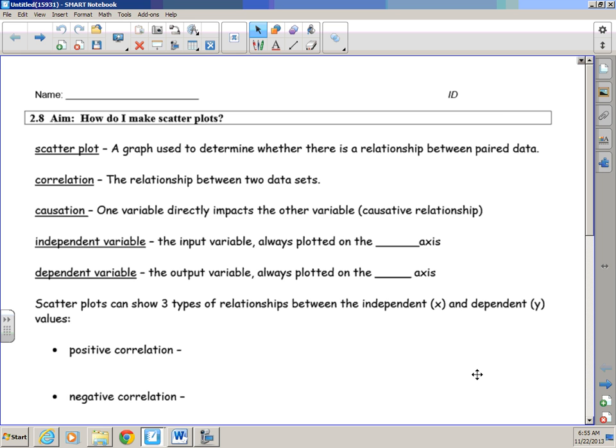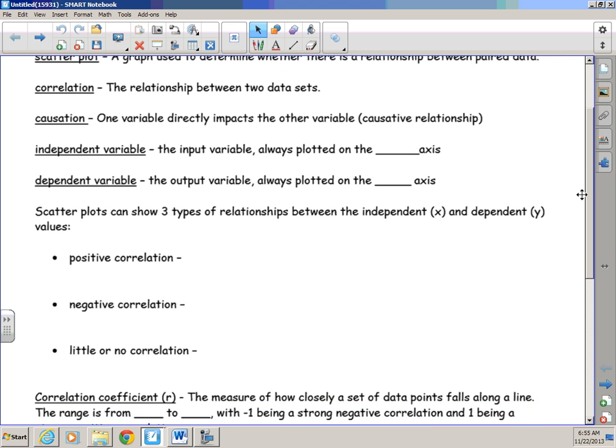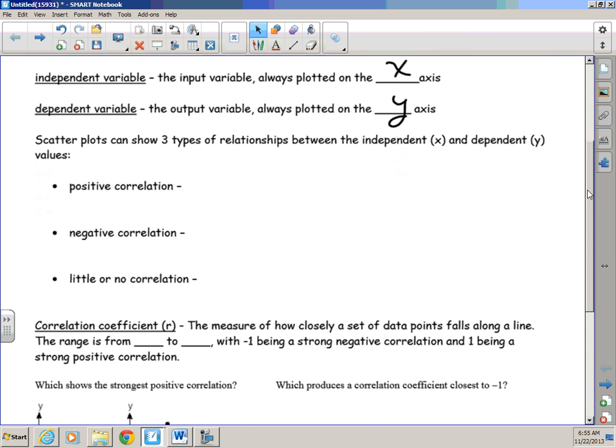Two recalls: the independent variable is the input, always plotted on the x-axis. The dependent variable, the output, always plotted on the y-axis. Now, when you do your scatter plot, you have three possibilities: a positive, a negative, and no or little correlation.